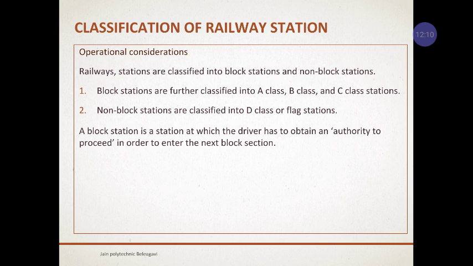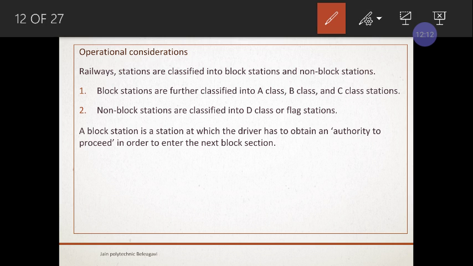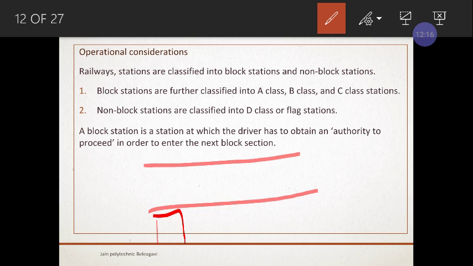For example, if I show the diagram once again, this is your track, this is your first block and this is your second block, right? At the center where there is a change in the blocks, there will be base signal systems.